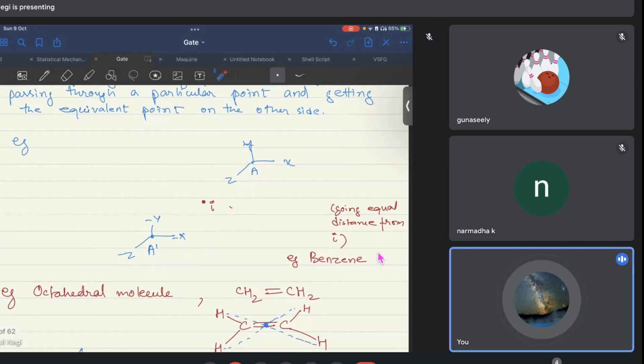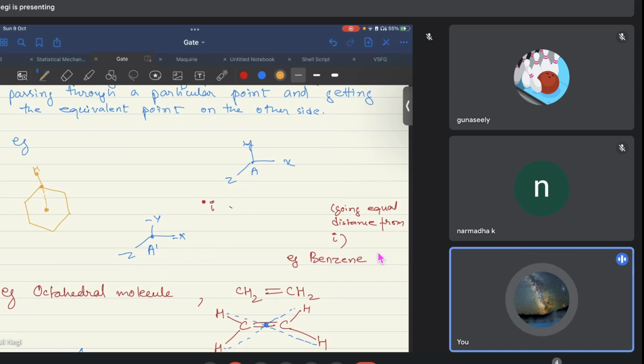For example, in benzene you can find the center of symmetry easily. In the benzene molecule, this is the center, and how is it a center of symmetry i? Because if I move towards here, I will find a carbon atom, and here a hydrogen atom.